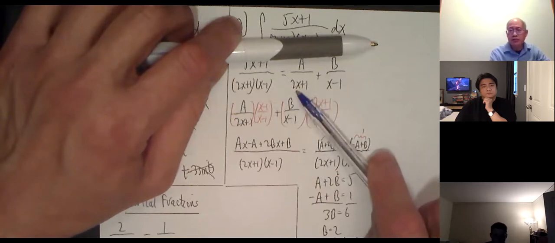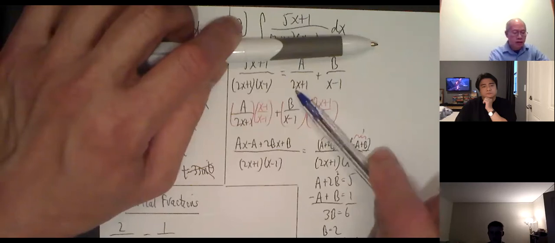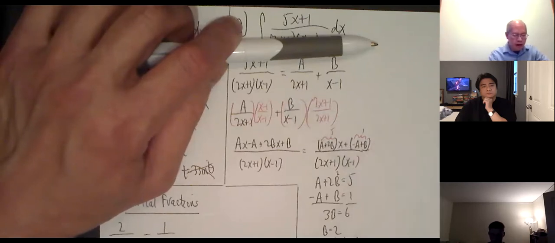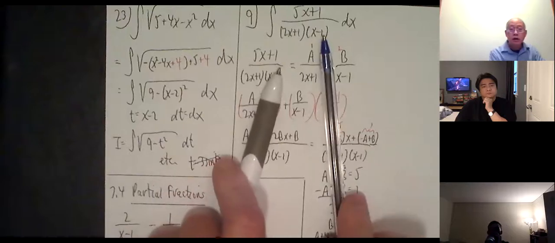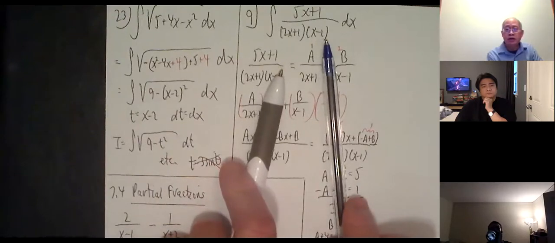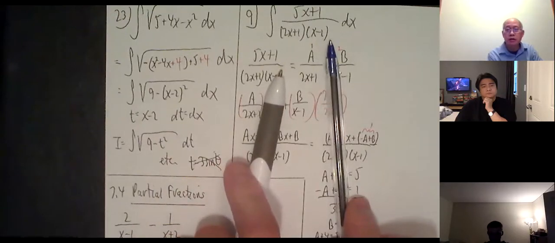So there's a little bit of chain rule here. Somewhere I have to multiply by 1/2, it looks like, right? Because if I were differentiating, I'd multiply by 2. But anyway, we'll worry about that when we get to it. Okay, so just go ahead and write a over (2x plus 1) plus b over (x minus 1).